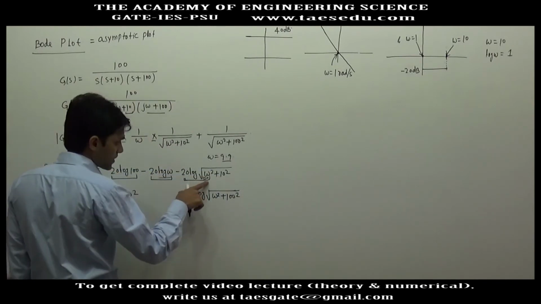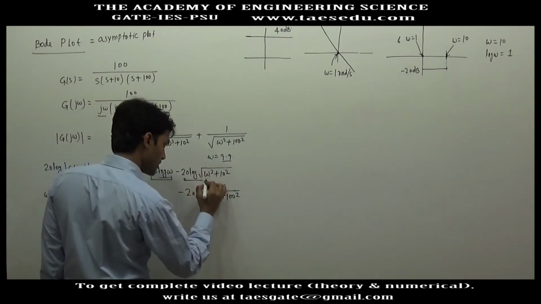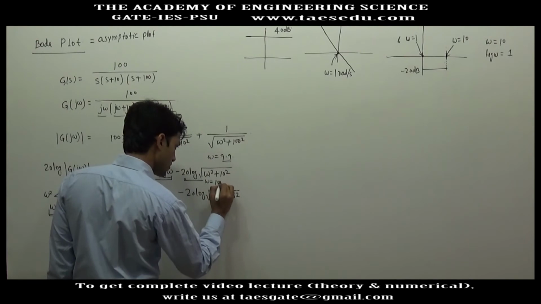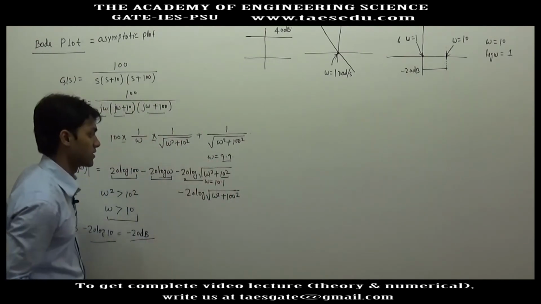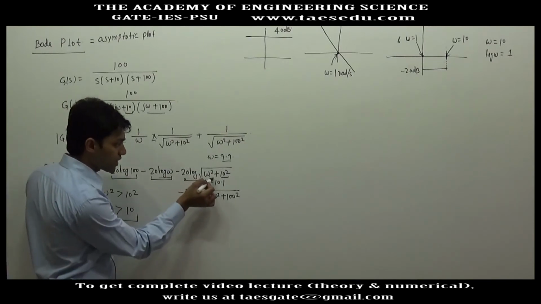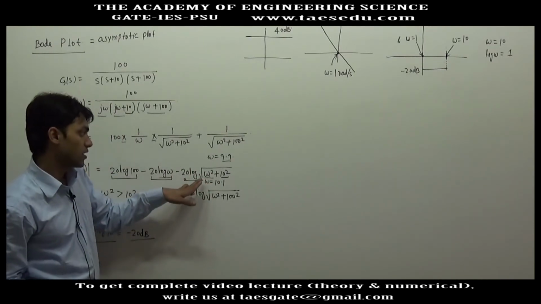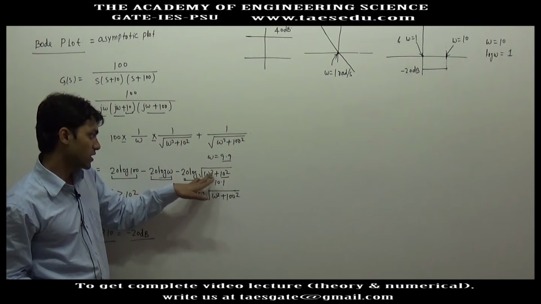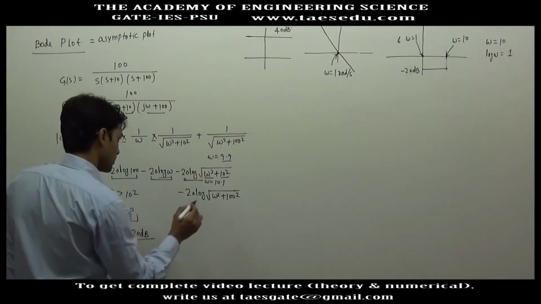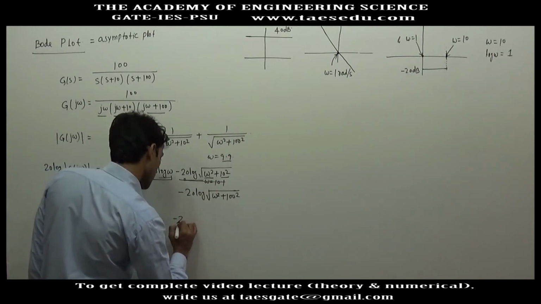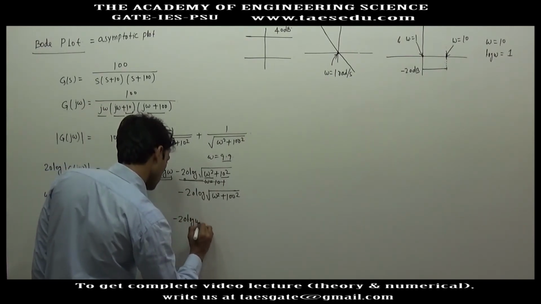But when omega is greater than 10, even if the value of omega is 10.1 radian per second, this 10 will be neglected and we will have omega square here. The root will be cancelled with the square, so the value of this quantity will be minus 20 log omega.